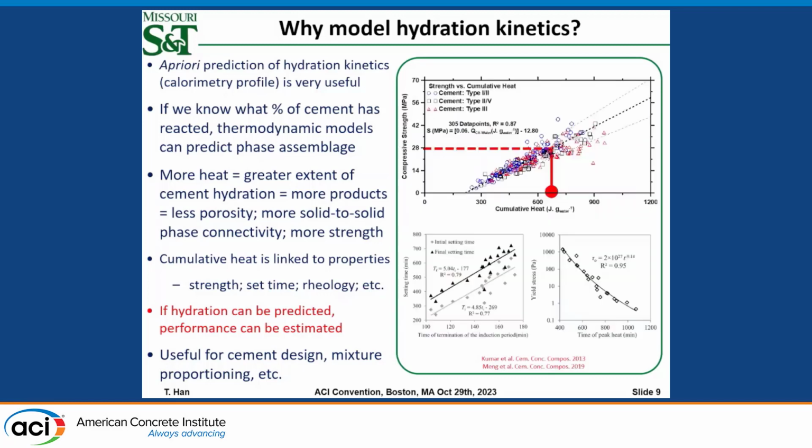Also, you can see many properties are correlated with heat release from hydration reactions. For example, compressive strength. If you release more heat, that means you form more hydrates, and then you have less porosity and higher strength. So in that way, if we can predict hydration kinetics of the cement, we can estimate the other properties for our sustainable binders.